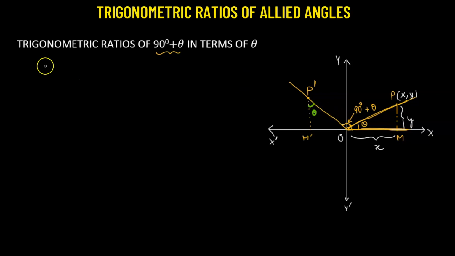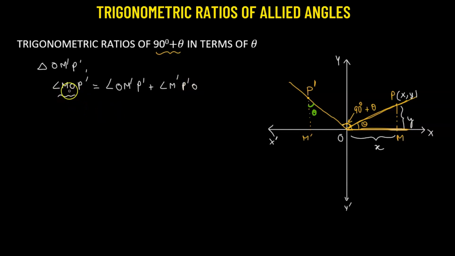That's because in triangle OM prime P prime, clearly MOP prime is going to be the external angle, which must be equal to the sum of the two opposite interior angles. That means OM prime P prime plus M prime P prime O.